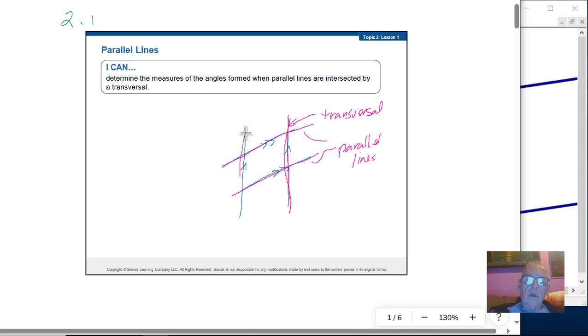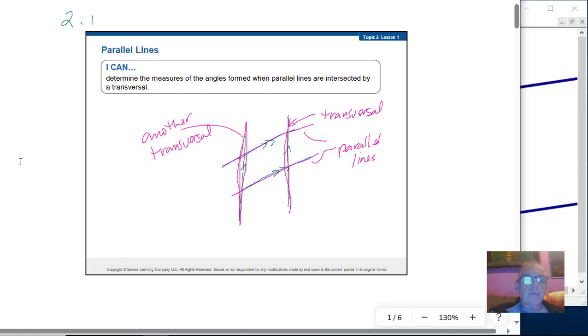This one over here is also a transversal. Another transversal. So we're going to focus on the angles that are made when you have parallel lines cut by, or crossed by, a transversal. There's a relationship, hopefully we'll discover, between the angles that are formed.